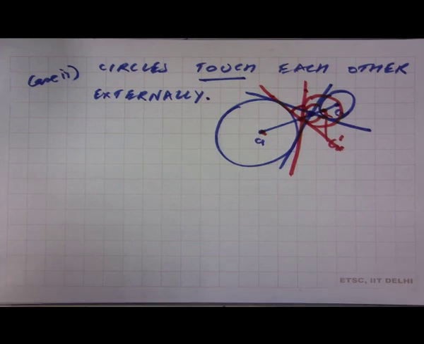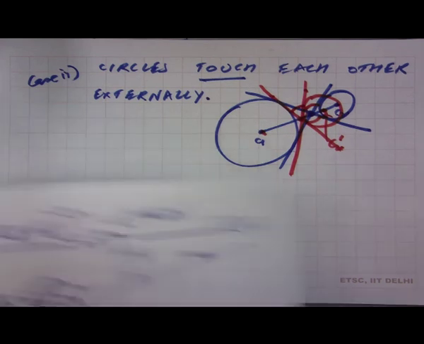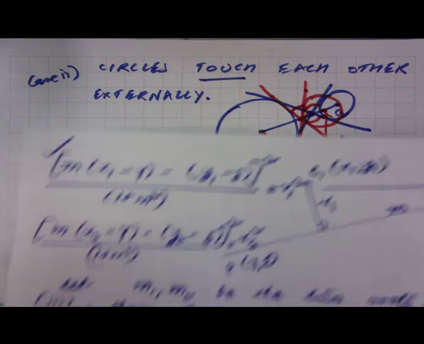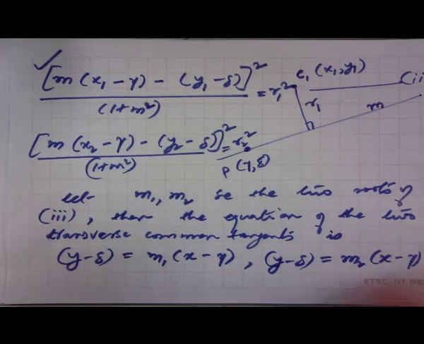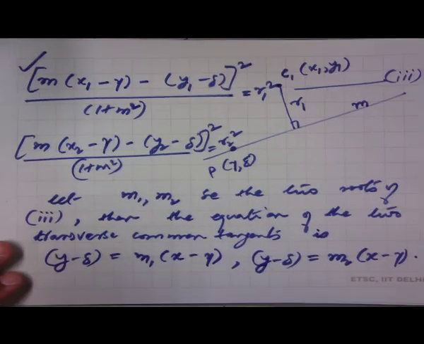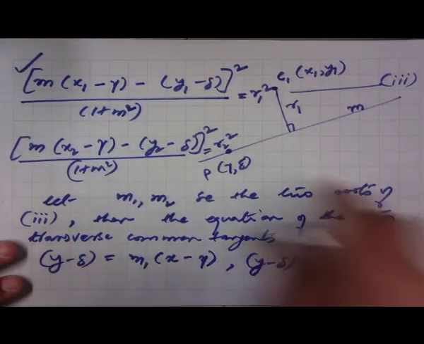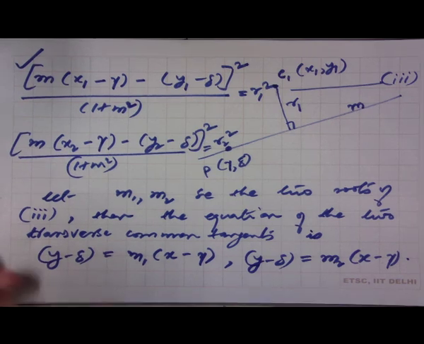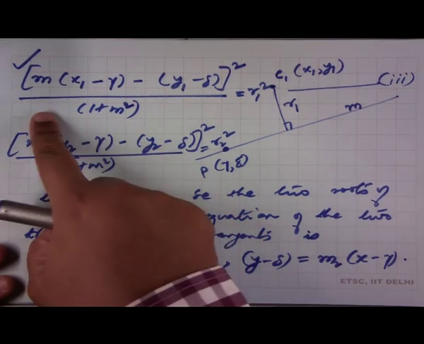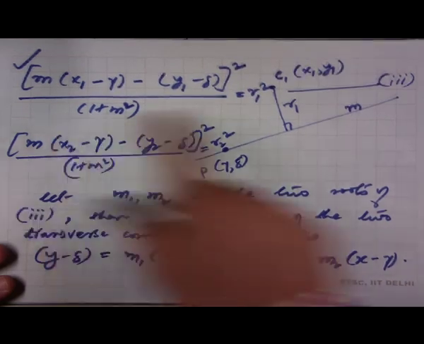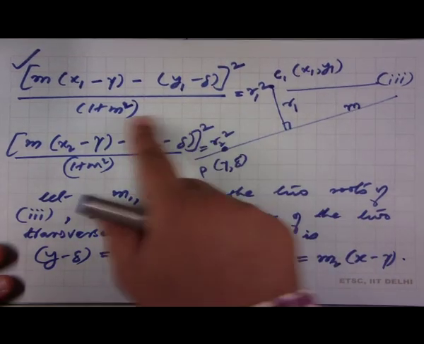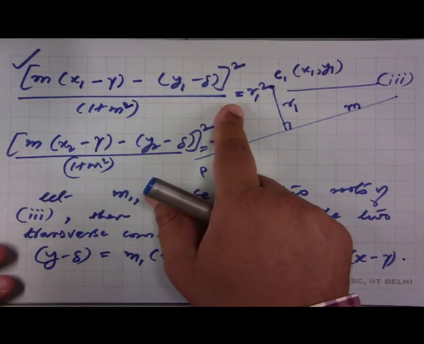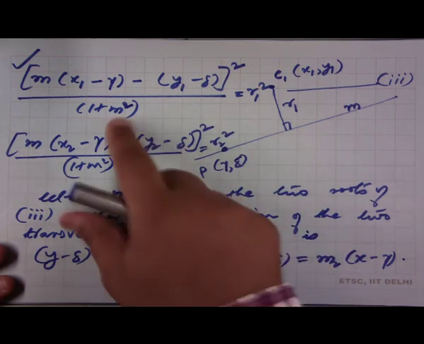So, to see that, one could actually go back to the first case, and especially when we were deriving the equation of the two transverse common tangents, we had this particular quadratic equation, and we said that there will be two roots m1 and m2 for the slope.